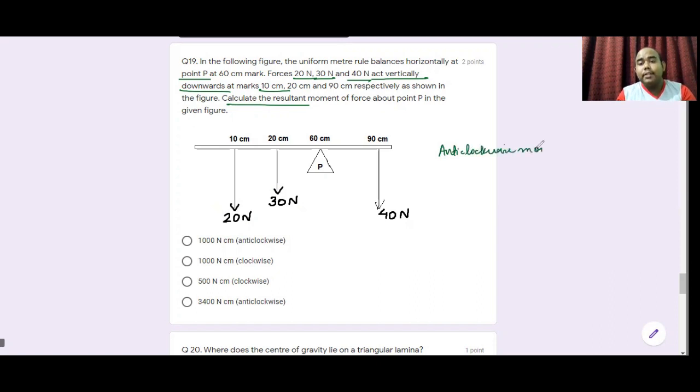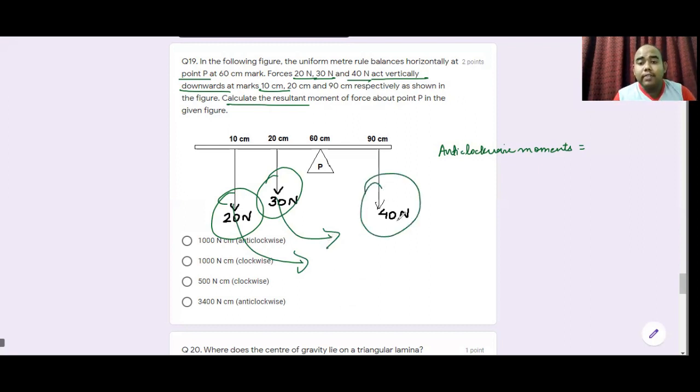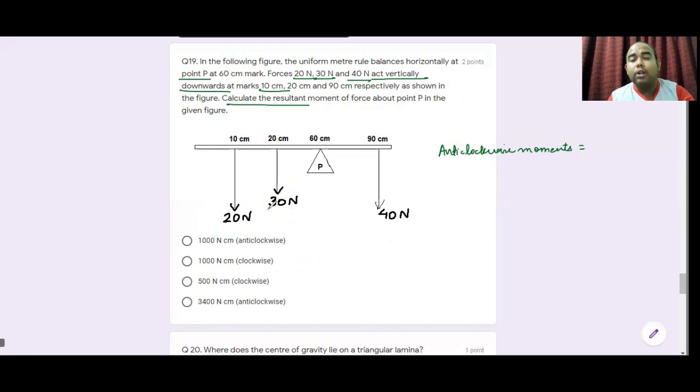Anti-clockwise moments means those forces which are trying to rotate this rod in anti-clockwise direction, and this 20 Newton and this 30 Newton are trying to rotate it in the anti-clockwise direction, whereas this 40 Newton is trying to rotate it in clockwise direction. तो जब हम anti-clockwise moment निकालेंगे, we will only consider 20 Newton force and 30 Newton force because these are the two forces which are producing the anti-clockwise moments.